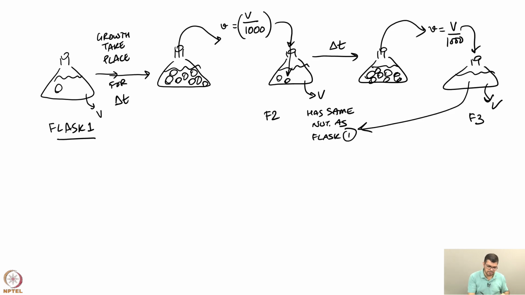And as we just saw in the previous slide, the number of generations k that are processed in every flask is ln of Nt upon N naught.